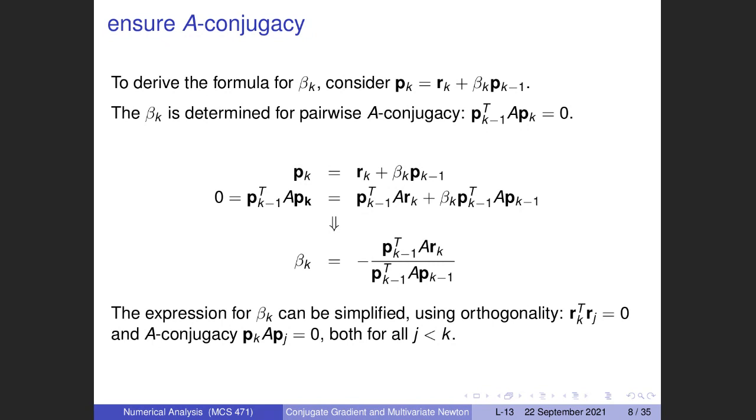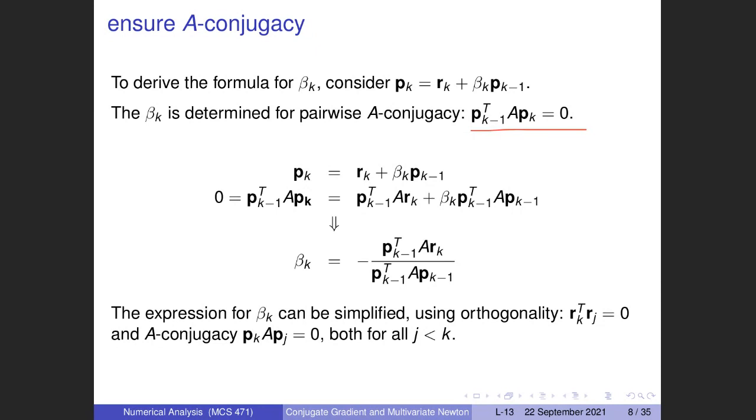They are related to each other by this matrix A. And by enforcing this new condition of conjugacy, that will lead us to an expression for the beta.